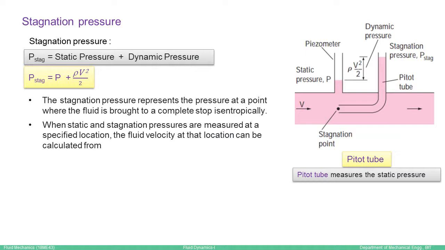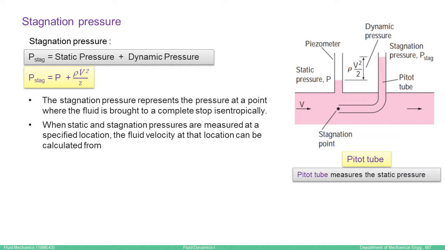When the fluid particle comes and hits the entry point of the pitot tube, the kinetic energy gets converted into dynamic pressure, and adding to the height from the fluid static pressure, there will be an additional rise in the column in the pitot tube, which is rho v square by 2, which is actually the dynamic pressure.